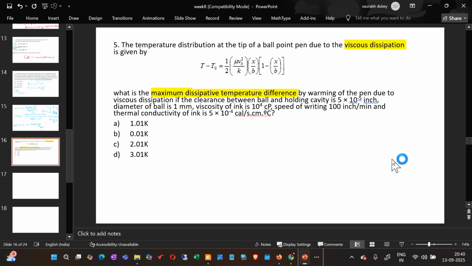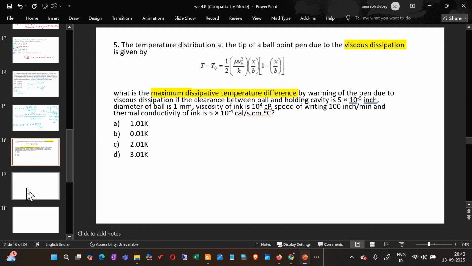What is the maximum temperature difference by warming of the pen due to the viscous dissipation if the clearance between the ball and the holding cavity is this inch, diameter of the ball is 1 mm, viscosity of the ink is 4 cP, centipoise, and the speed of writing is 100 inch per minute, and the thermal conductivity of the ink is 5 × 10 to the minus 4 calorie per second centimeter degree Celsius, right?